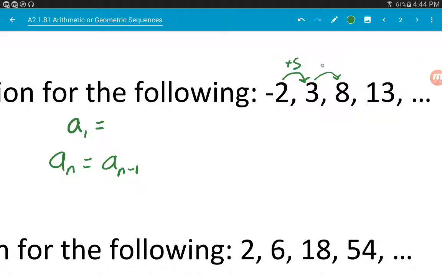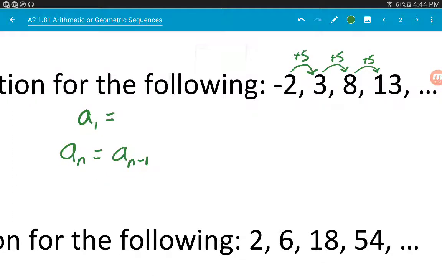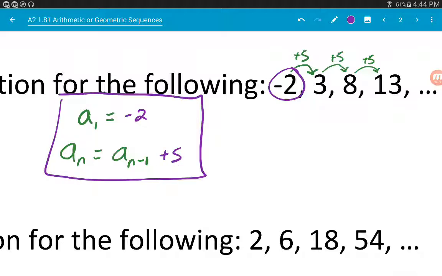From 3 to 8 would also be plus 5. 8 to 13 would also be plus 5. So it seems like we have a common difference, and that rule is plus 5. So here, the first term is -2. Any term is equal to the term before it plus 5. That's the recursive for creating this sequence. That's it. It's that simple.